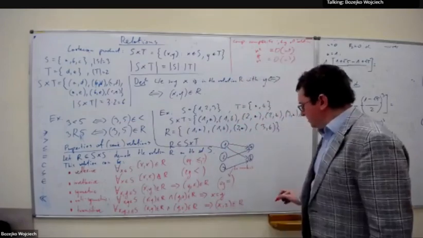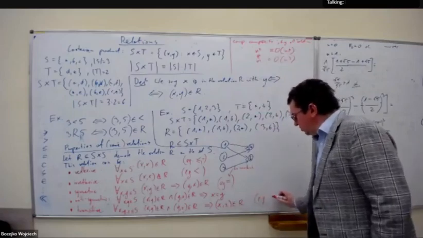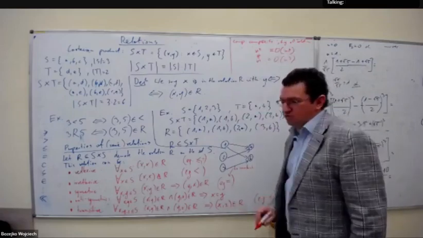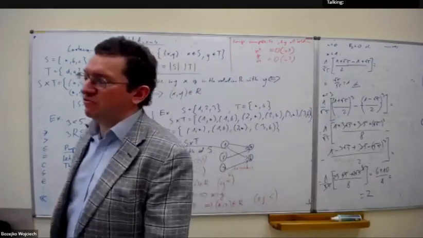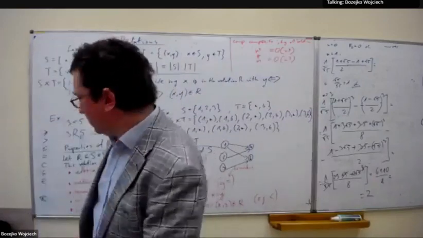For instance, such an example of such a relation is being smaller. If 3 is smaller than 5 and 5 is smaller than 10, so 3 is smaller than 10.